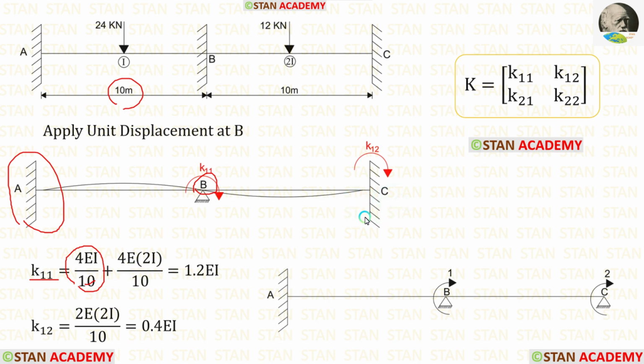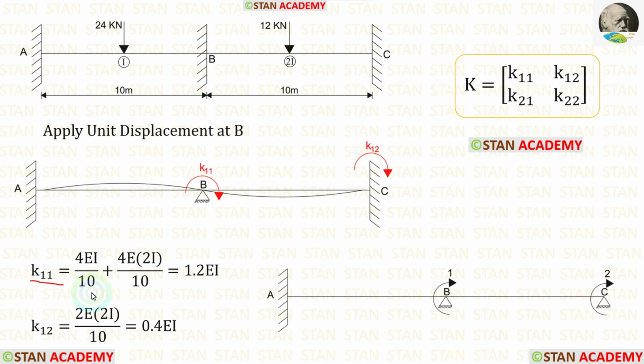Now let us look on the right of B. On the right of B also, there is a fixed support. So we have to apply the same formula, 4EI upon L. The moment of inertia for BC is 2I. So instead of I, we have to apply 2I. Length of BC is 10. Let us apply that.